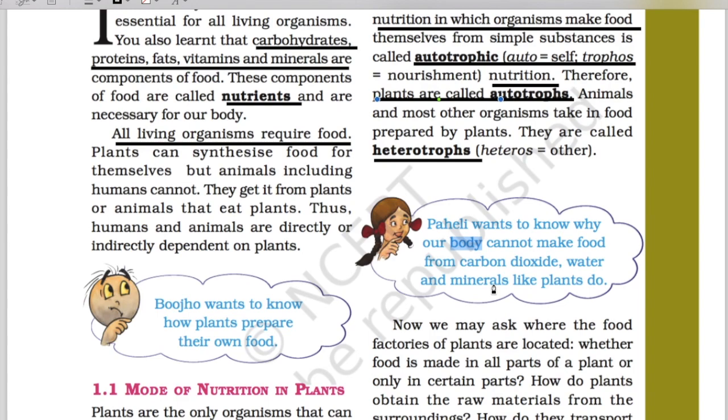Have you ever had a thought over it? Let's try to find out the answer to this question, that why only plants can prepare their food themselves.